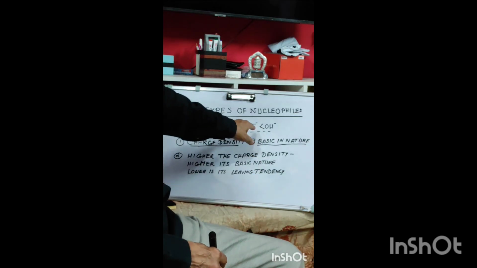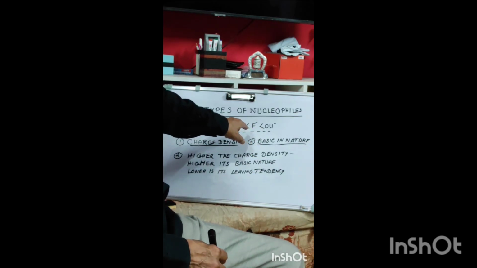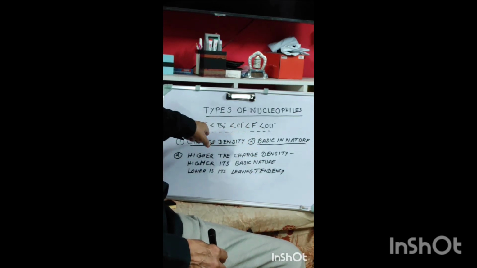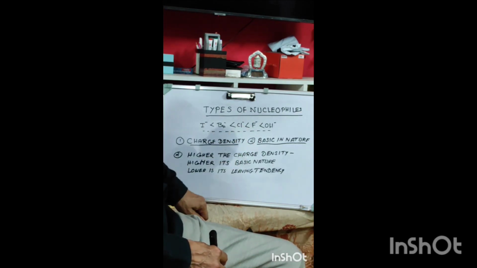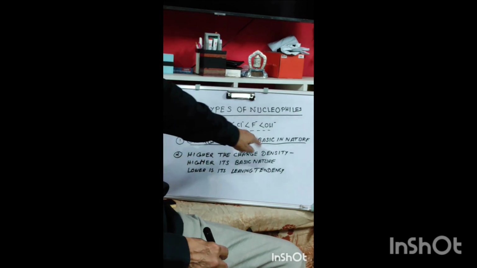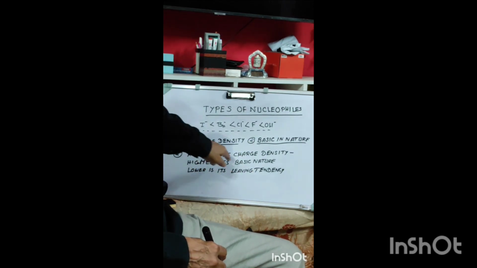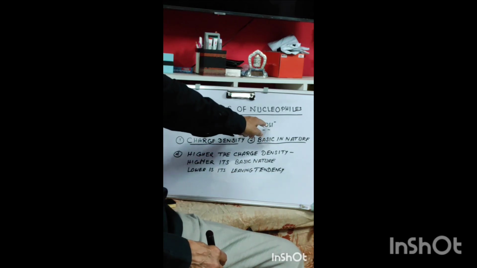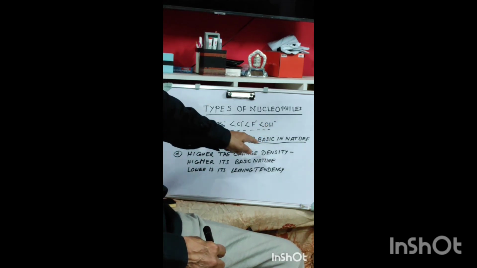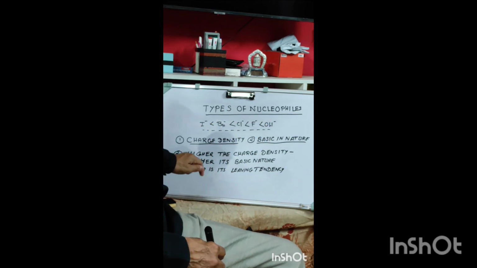So charge density is minimum here, and it increases there. Now, higher the charge density, higher its basic nature. That means hydroxide can produce more basicity than iodide.